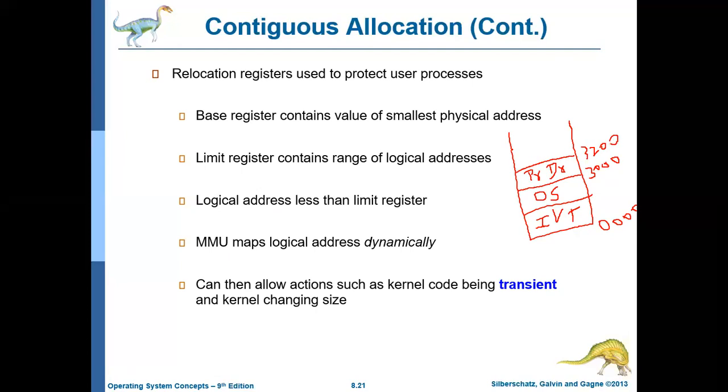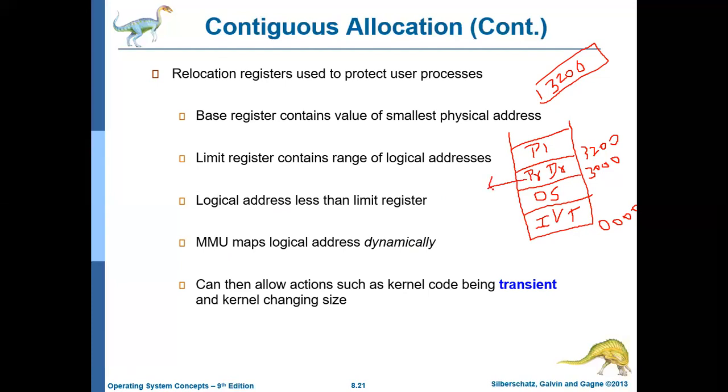Now if a user process P1 comes, its base register will have the value 3200. But assume that this driver is not there.